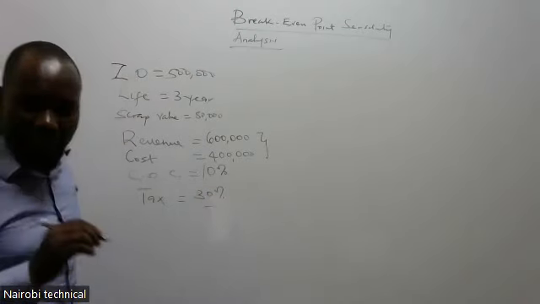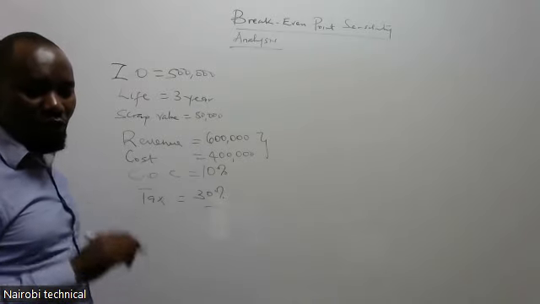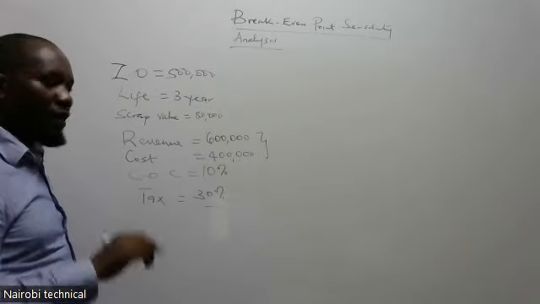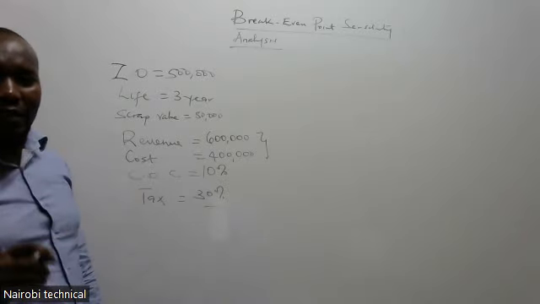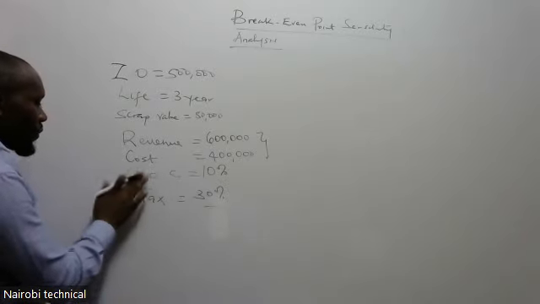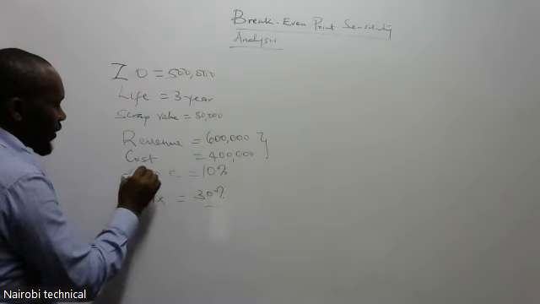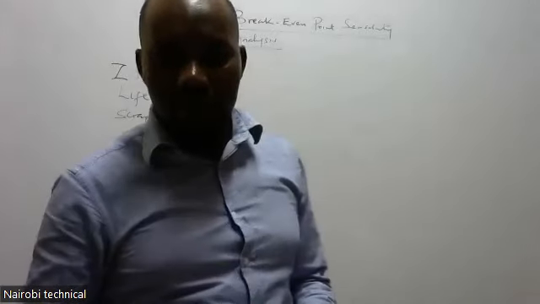I'll repeat again that the company's cost of capital is 10% and the tax rate is 30%. I'm just reminding you of what we said yesterday, in the previous class. This one is cost of capital, you can say COC.